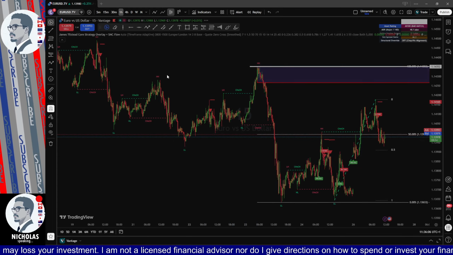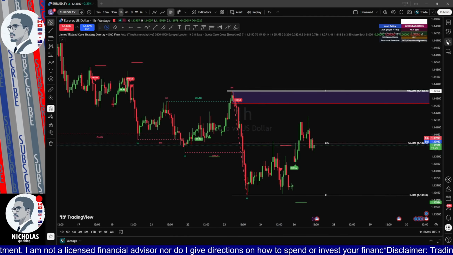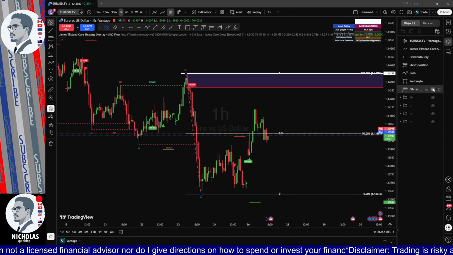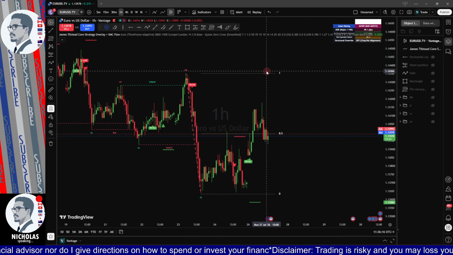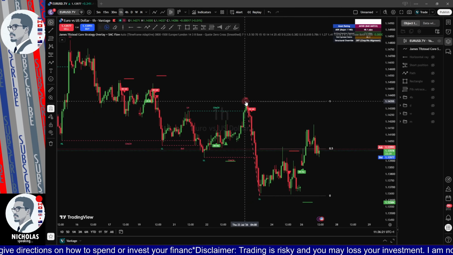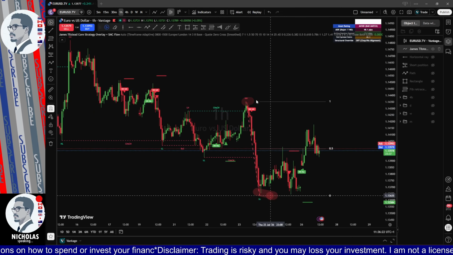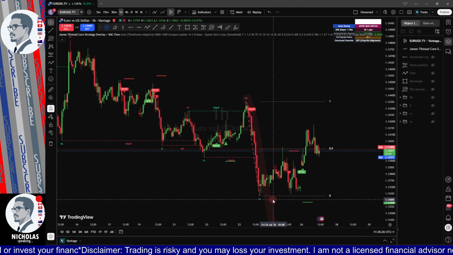Just for one last example situation, what I have here is an indicator. I'll bring up my Fibonacci so you can see what I'm talking about. The Fibonacci is telling me the last swing structure is from this high to this low, and it's a drop, so it's a selling situation.